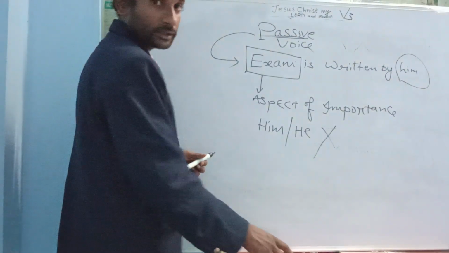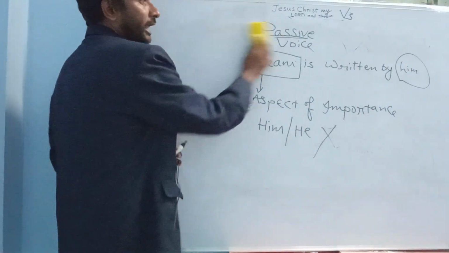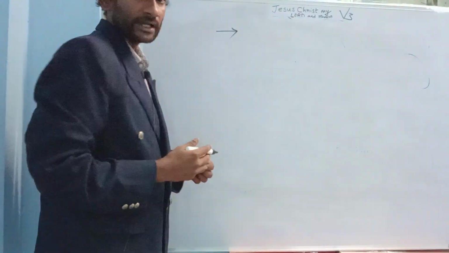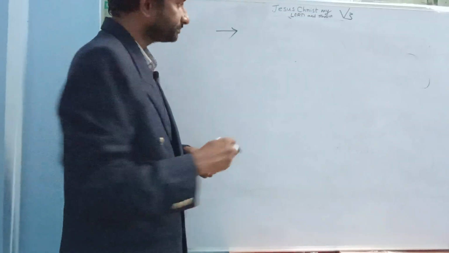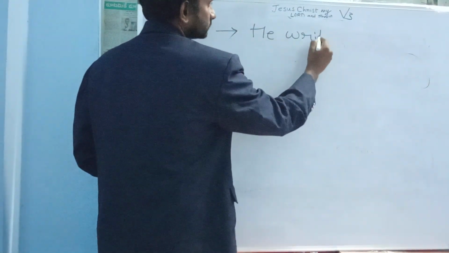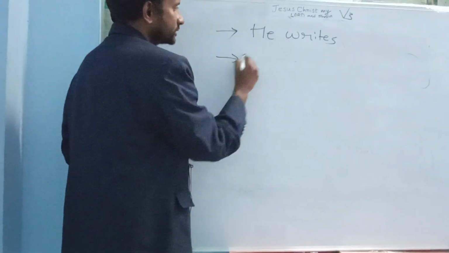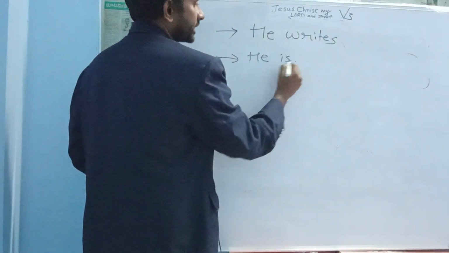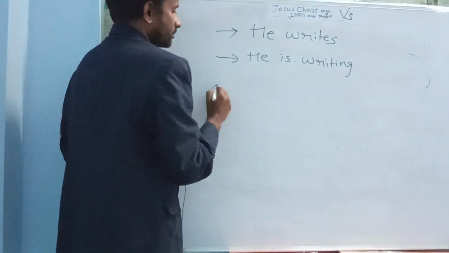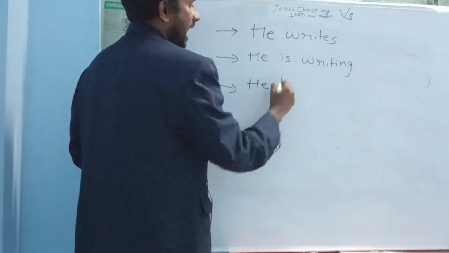Now let's go further and see how an active voice in different tense forms can be changed to passive voice very easily. For this, let us write simple present tense: he writes. Present continuous tense: he is writing. Present perfect: he has written.